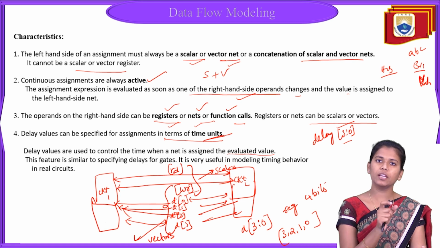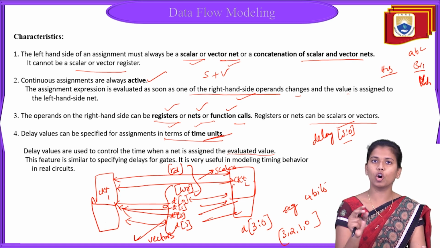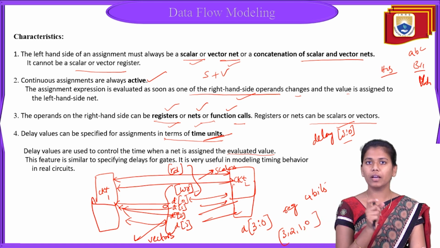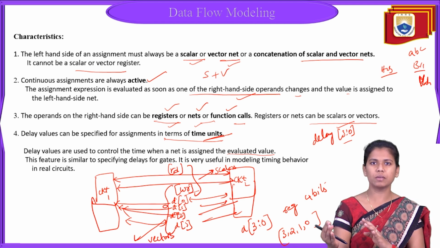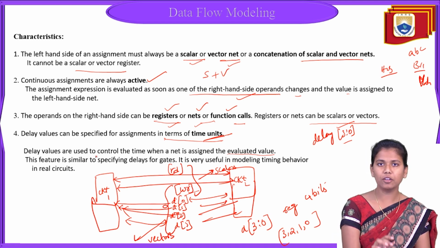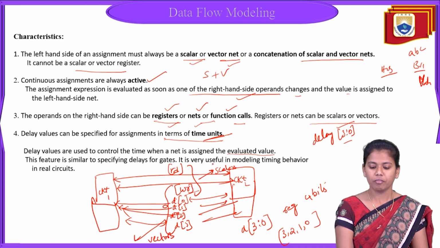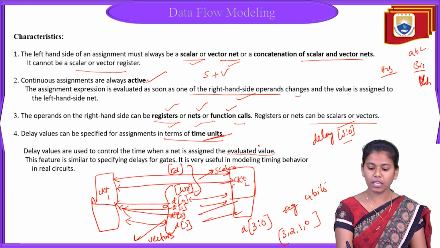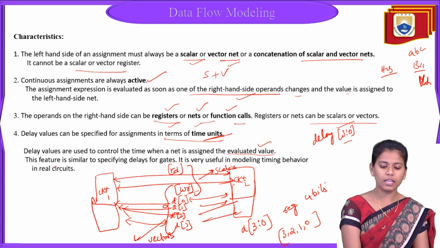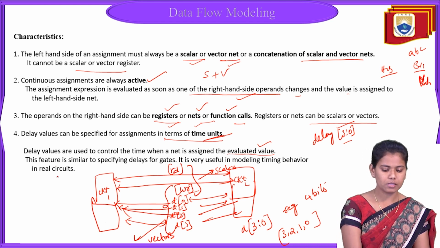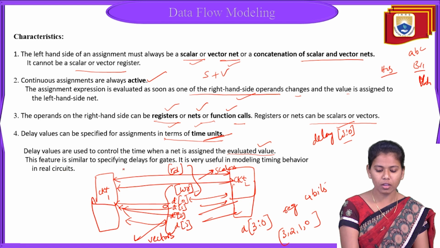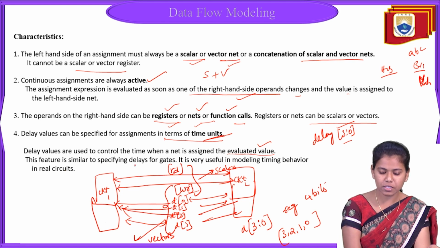That means for each individual block to obtain the output, it has to go through some delay. So those delays are used to control the time when the nets are assigned the evaluated value. When the value is incremented, the delays are used to control it. Next, this feature is similar to Verilog, similar to specifying delays for gates.